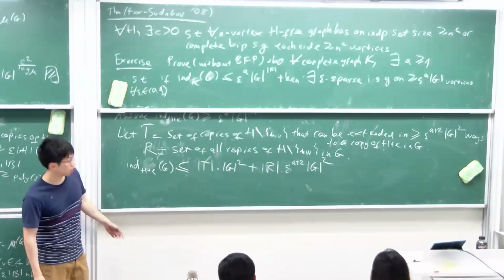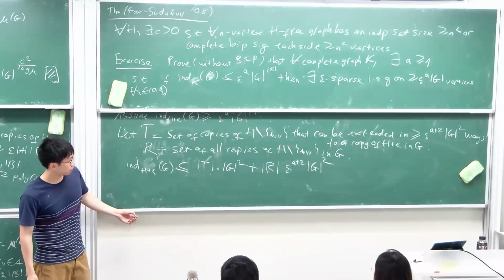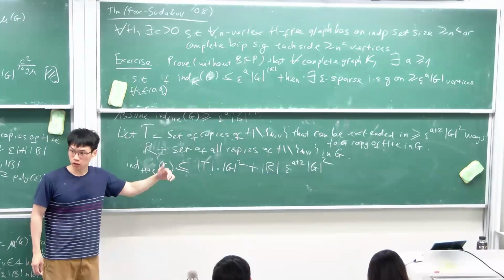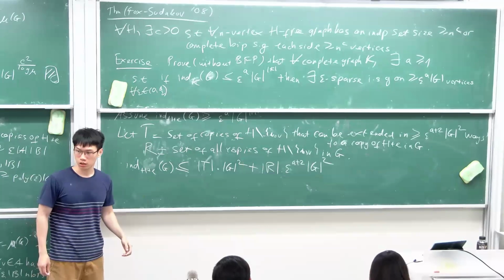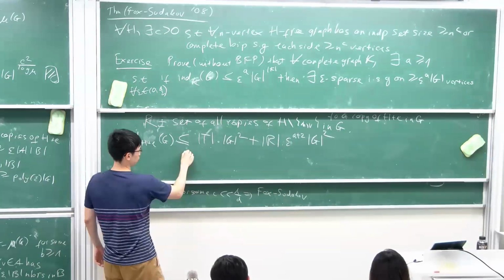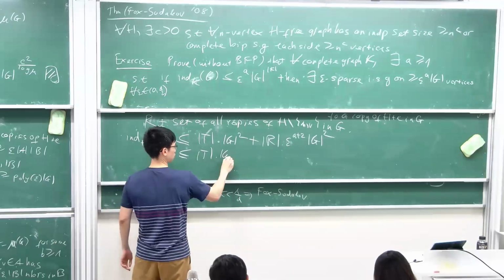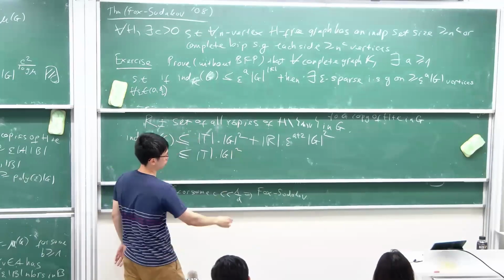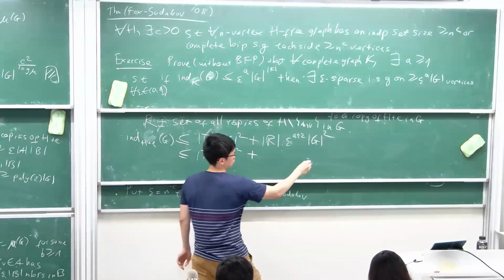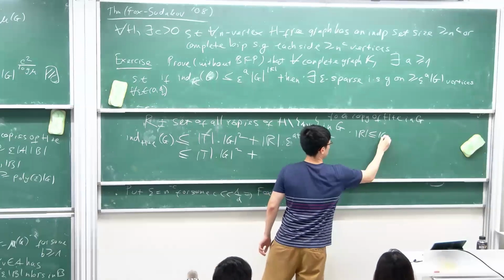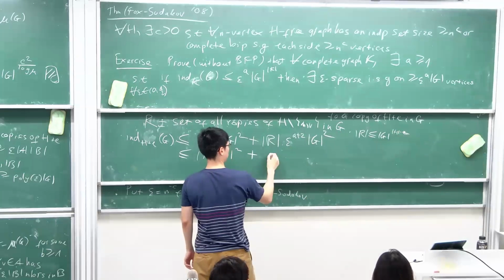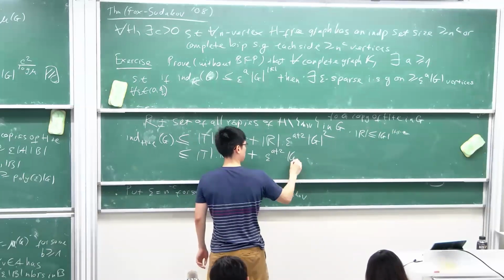For the first component, I'm overcounting, and I'm not going to do anything to it. For the second component, I do the trivial bound: R is of course at most G raised to the power of H minus 2, so this is at most epsilon to the A plus 2 times G raised to the power of H.